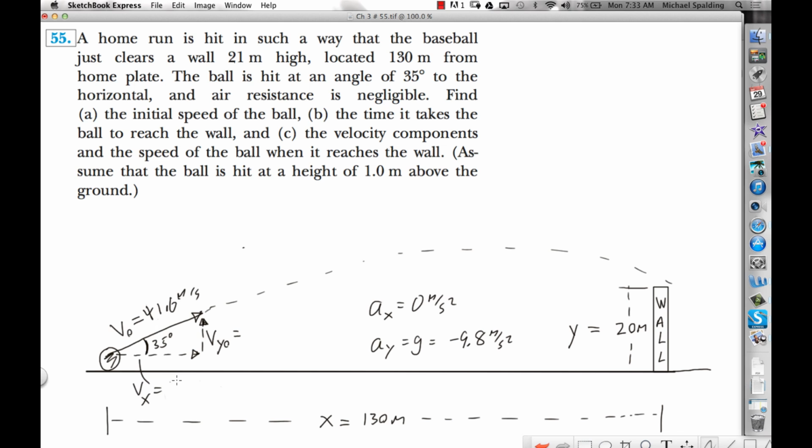Like if I gave you that initial velocity, I could ask you part B: the time it takes to reach the wall. That's a definite quiz question. So solving this for Vx, we get 34.14. Vy initial is 23.86.